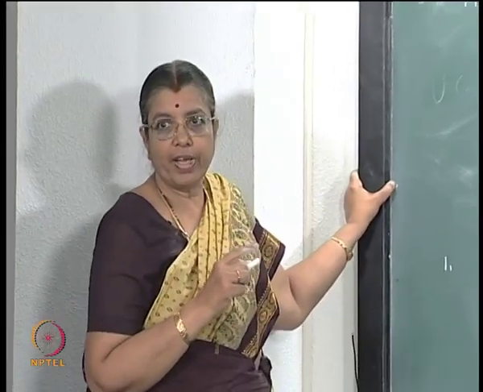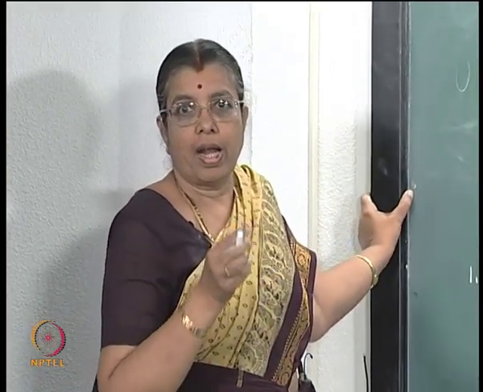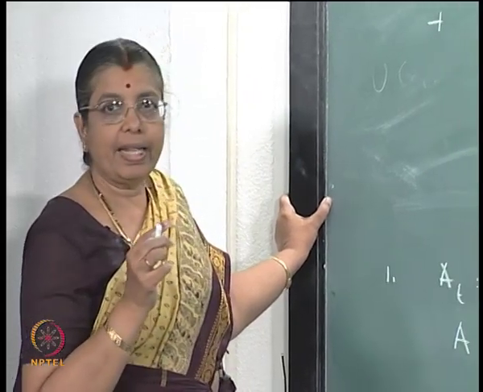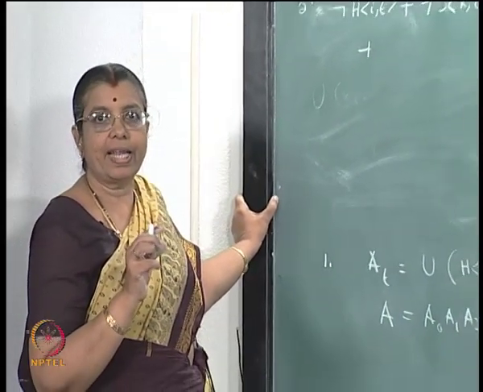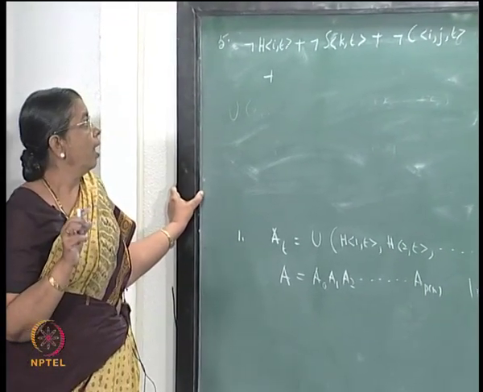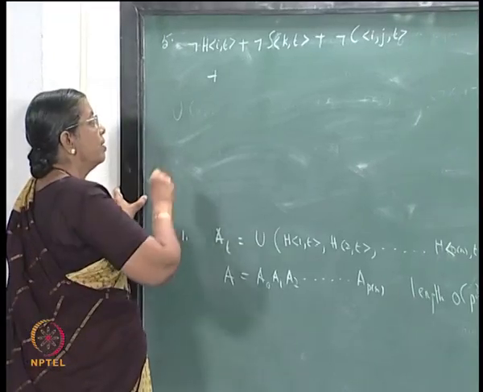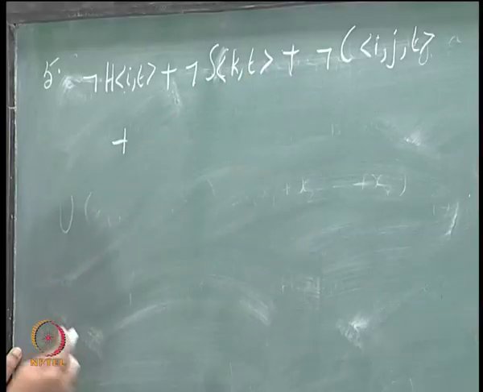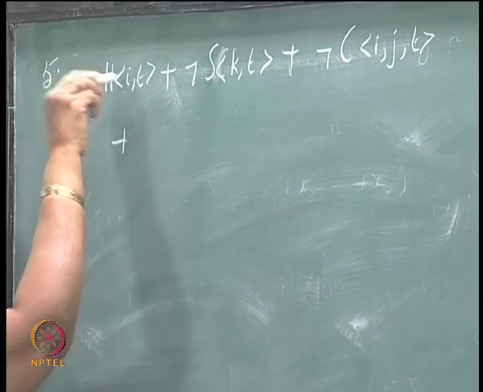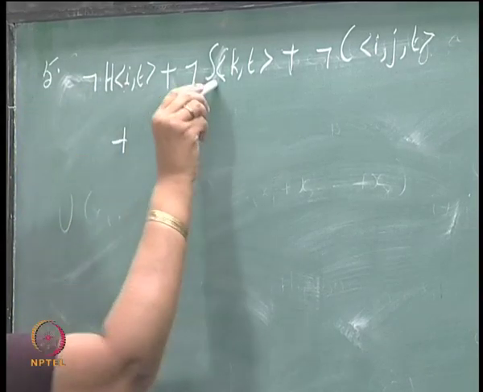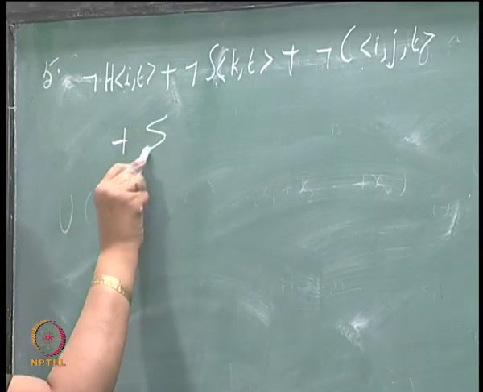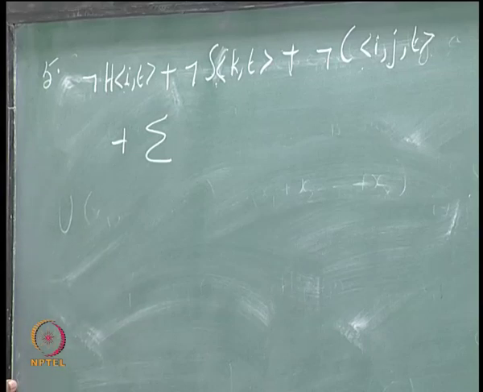Now, I want to specify the move for the case when the state is k, the head is scanning the ith cell and the contents is x_j. So, if one of these is violated, it is okay. But if the head is scanning the ith cell, the state is k and the ith cell contains the jth symbol, what will be the next situation?